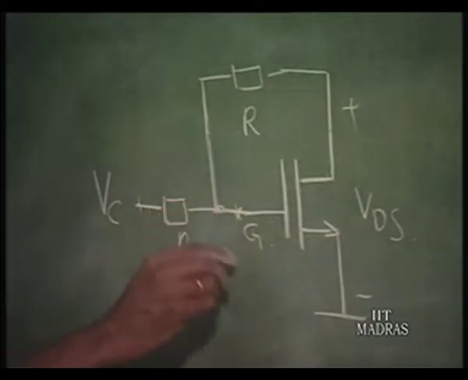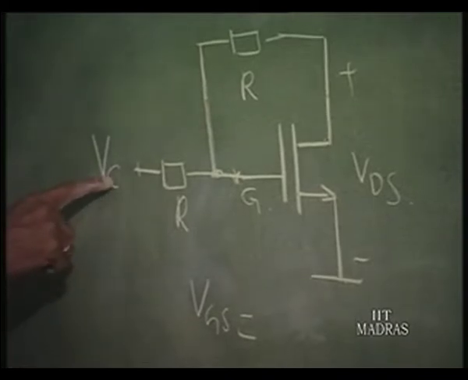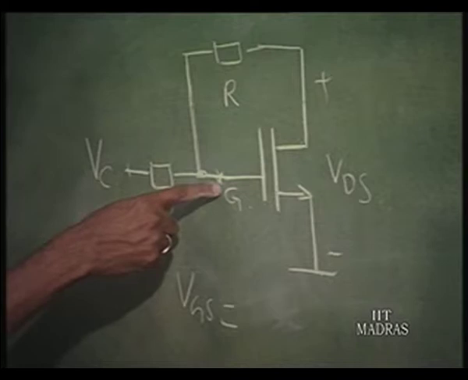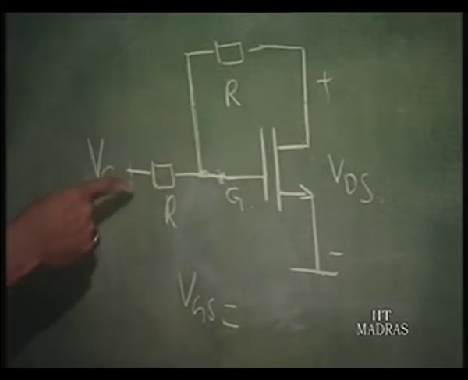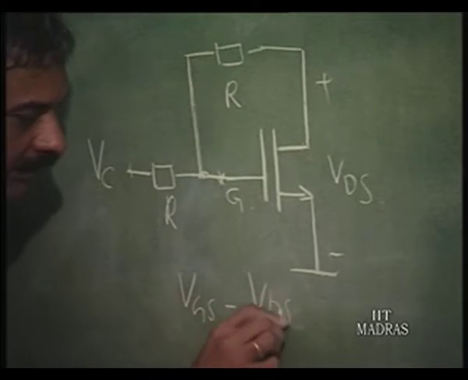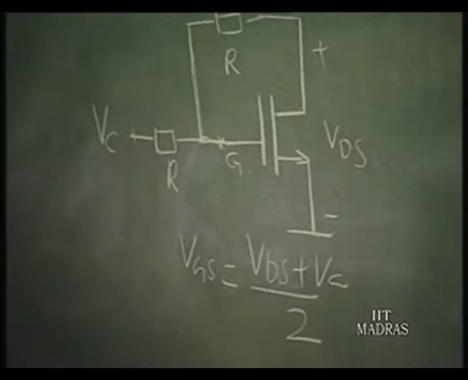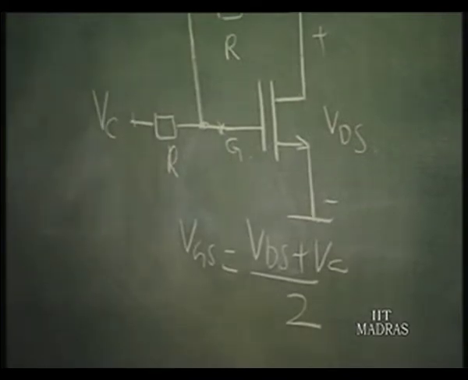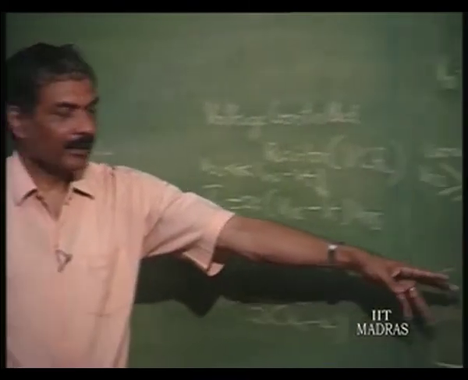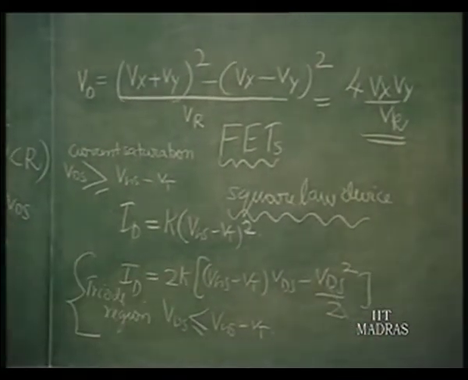So, now VGS in this case is equal to VC plus VDS by 2, because I have put an attenuator R and R. So, it is (VDS plus VC) by 2. If I do this and substitute in the earlier triode region expression, let us do that.